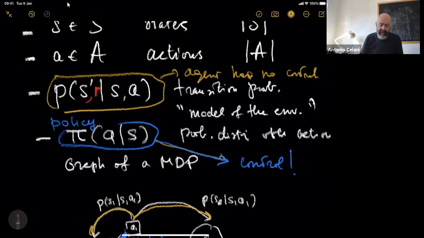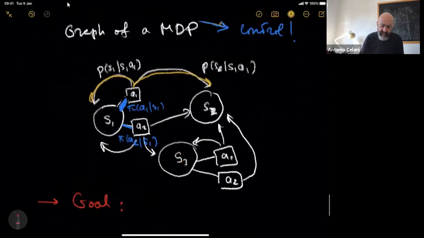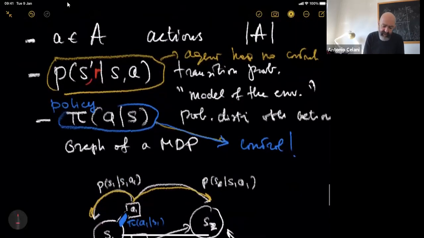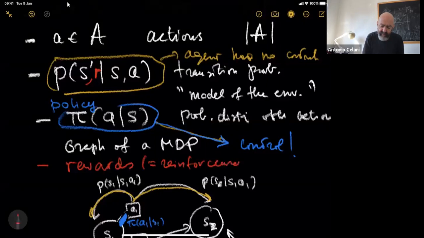Okay, so this notion of reward is very important. So let me put it here. Rewards, or more generally, they are also called reinforcement signals. Okay, because in animal and human behavior, these are not necessarily rewards in an obvious sense, but these are more abstract.